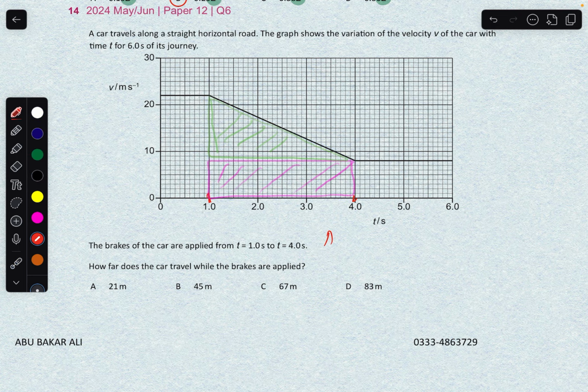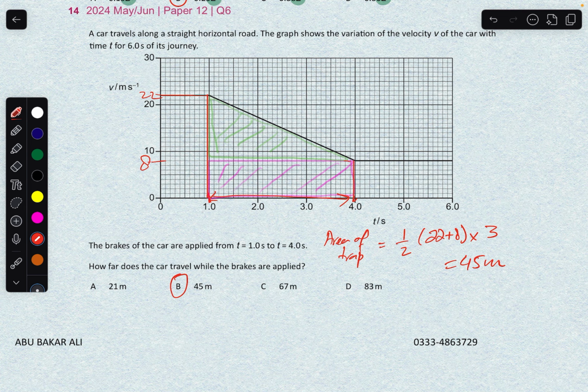So area of trapezium is equal to 1 by 2 sum of parallel lines. This one and this one, they are parallel. This height is 22, this height is 8, so it is 22 plus 8 and multiply with the distance between the parallel lines, that is 3. That will give you 45 meters.